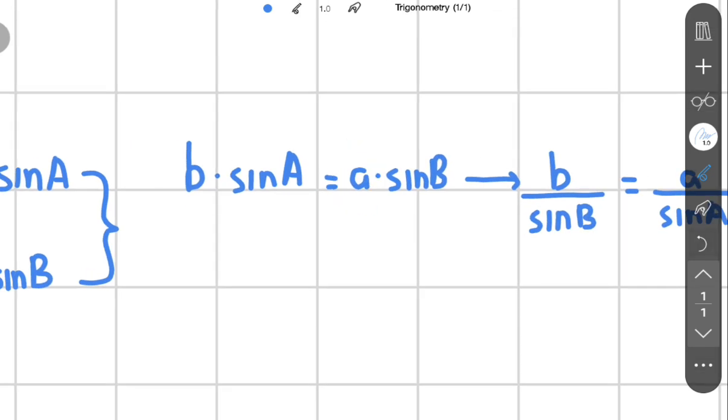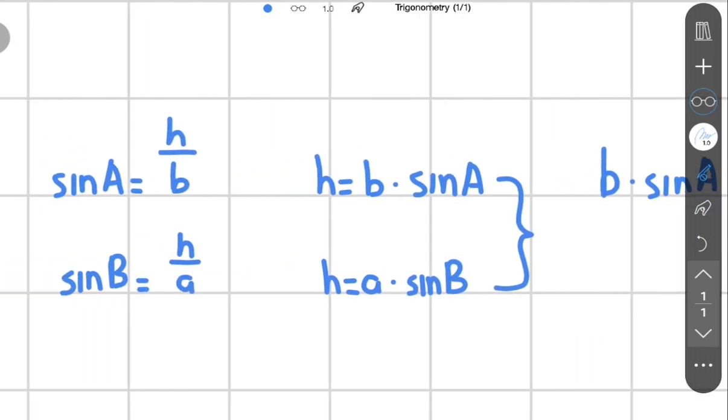So yeah, since we found A and B, and there's already a common theme that it will be B over sine B and A over sine A, we could assume, and this assumption is not based on nothing.